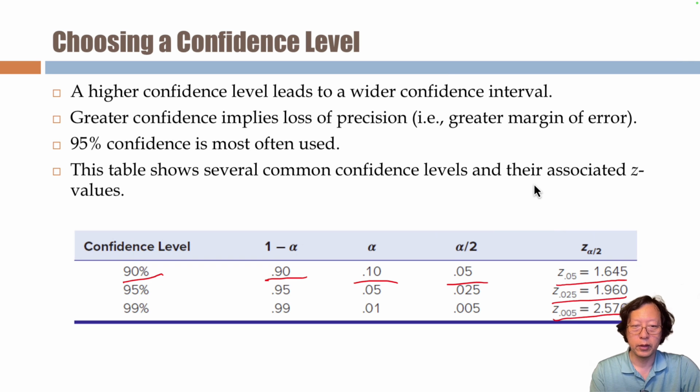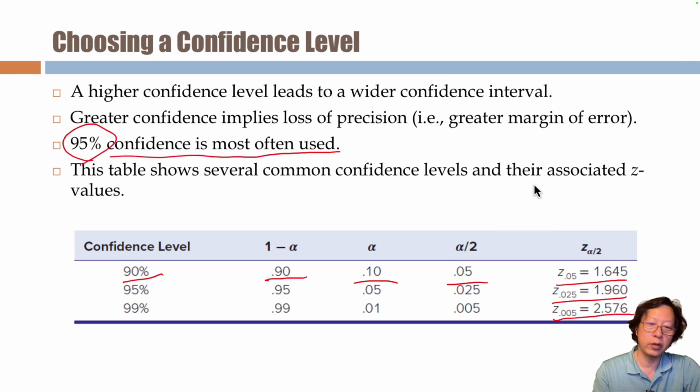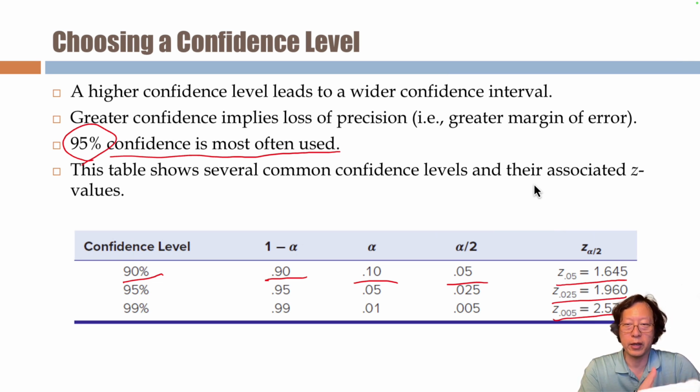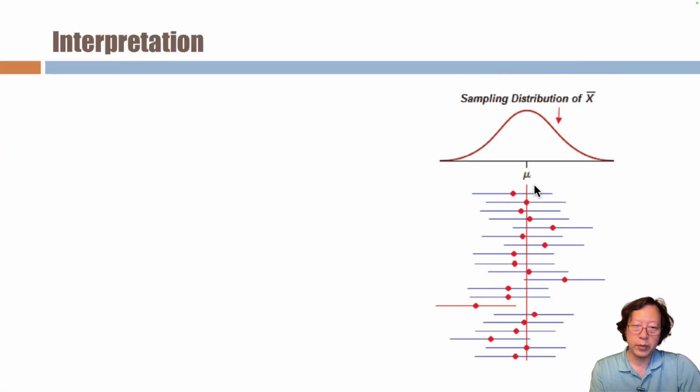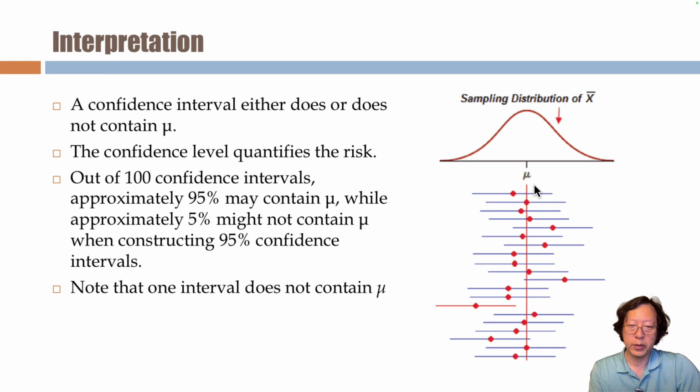Okay, so 95% confidence is most commonly used, but mostly it's 90, 95, and 99. But you can have 98%, or you can have something like 85%. If you want, you can still do it. The only difference is you just look for a different z. So what it means is 90% or 95% confidence.